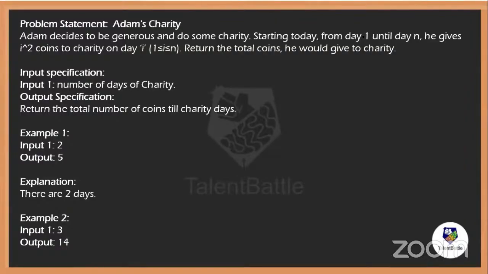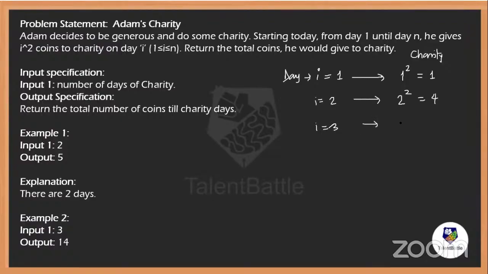So for example, if the day value i is equal to 1, Adam will give 1 square coins, which is 1. Suppose i becomes 2, then he will give 2 square, meaning 4 coins. Then i will be 3, he will give 3 square, that is 9 coins.